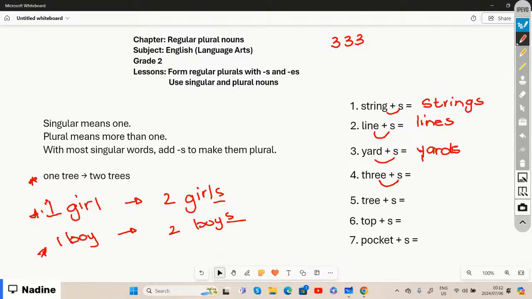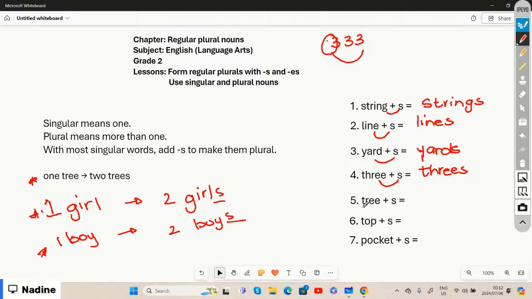All right, so if we were to identify 3 plus s, then we would say it is threes. So one 3, but there are 1, 2, 3 threes.